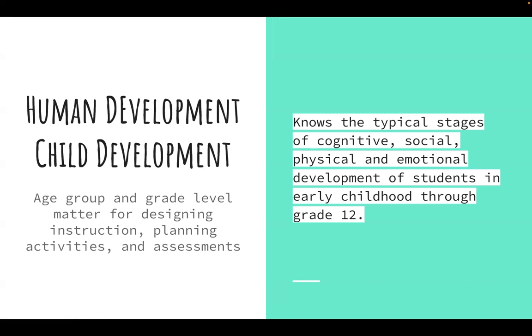So know the typical stages of cognitive, social, physical, and emotional development of students in early childhood through grade 12. So K through 12. When they say cognitive, who are they responding to? That learning theory, human development. When they say cognitive, the theorist they are referring to, his name starts with a P and ends with a T.